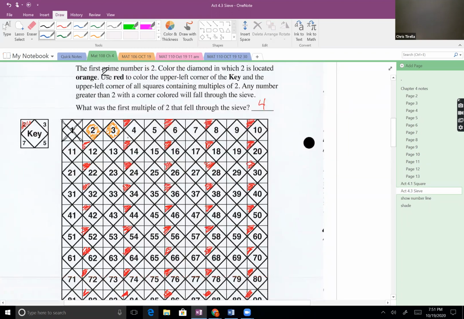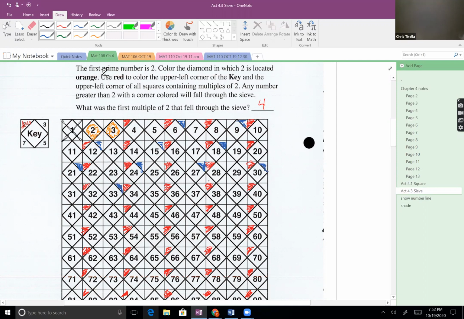So it'd be 3, and then the next would be 6. Then the next would be 9. 12, 15, 18. What would my next multiple of 3 be? 21, 24, 27. And so these numbers are now falling out of the sieve.